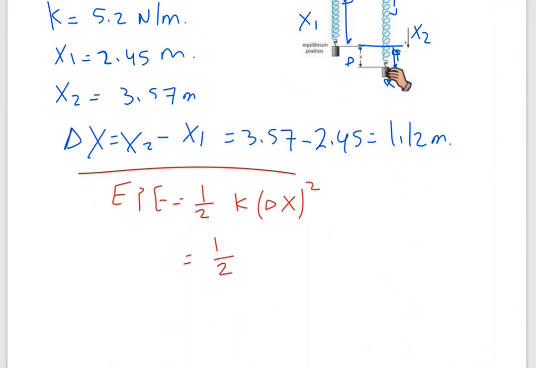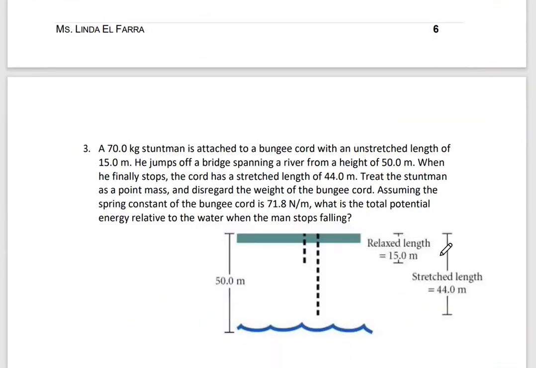Half K is 5.2, delta X is 1.12 squared. Okay, so if you calculate this one, you should get 3.3 joule. Okay, the last question I'm going to solve, question number 3.